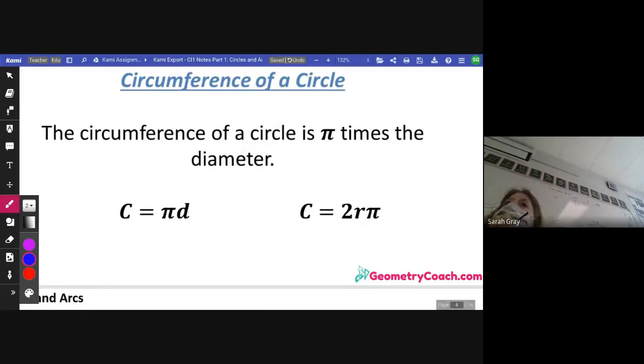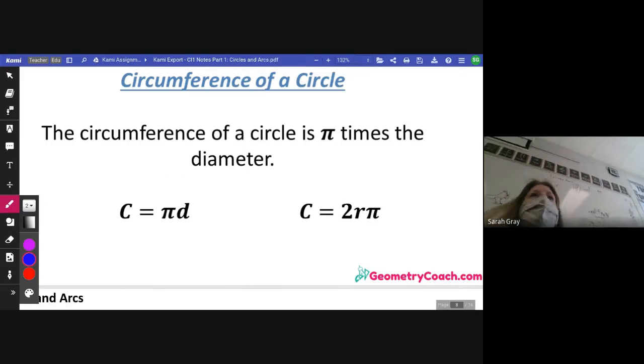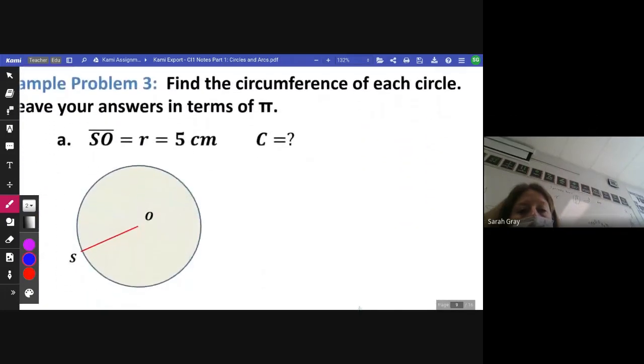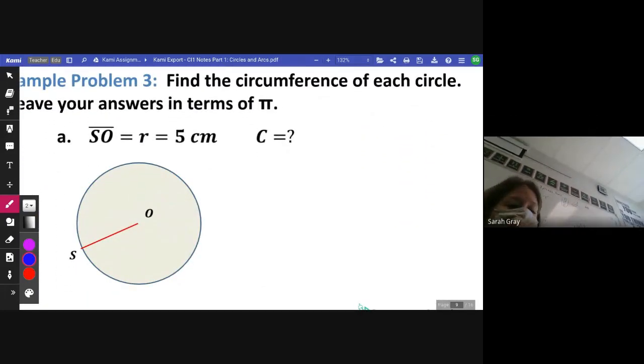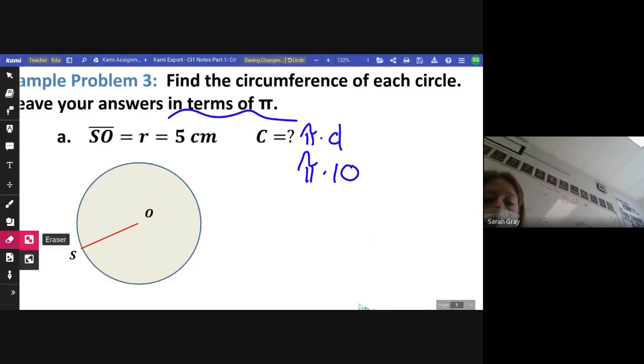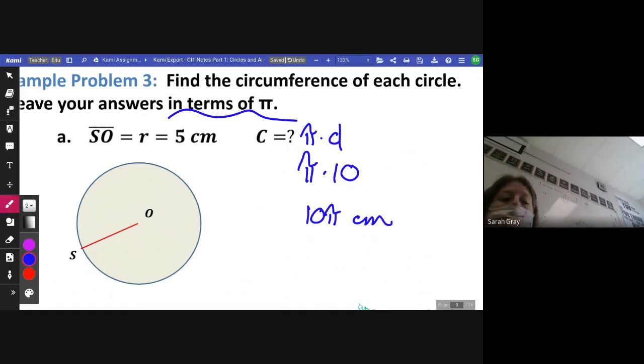Okay, circumference, you know this. Circumference is pi times diameter, or pi times 2r, which is just the same as diameter. Okay, what would be the circumference of this circle if it has a radius of 5? Leave it in terms of pi. 10 pi centimeters. And not squared, not cubed, because it's a line.